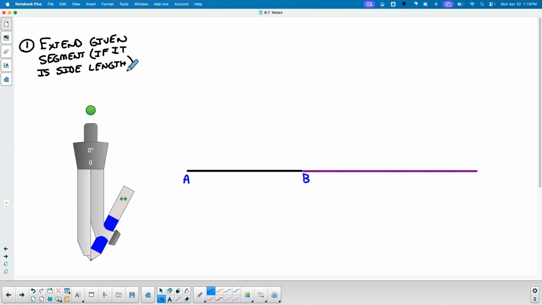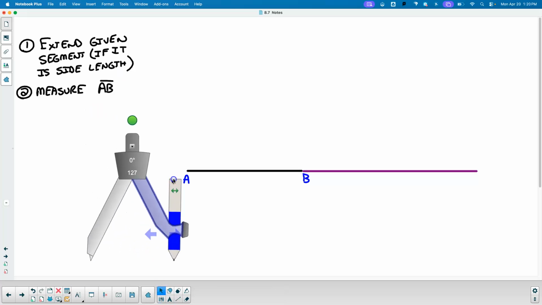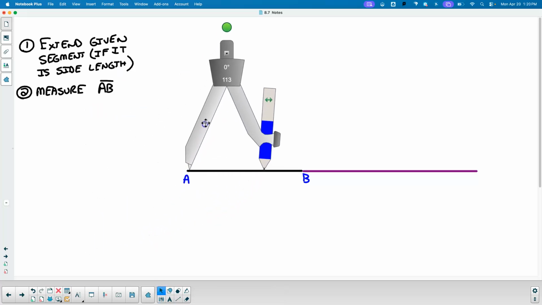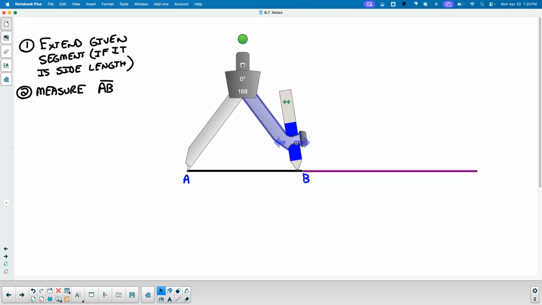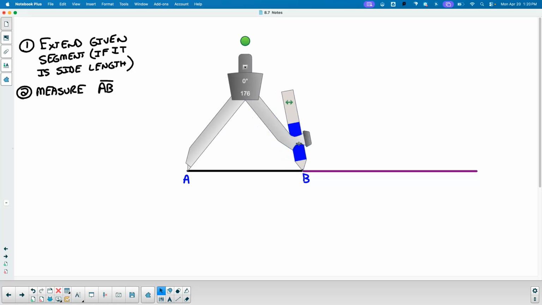So if that's the side length that you're going to make your square, you need to extend that out. Okay? Then what you're going to do is measure with your compass segment AB. Short under AB, otherwise your square is going to be huge.